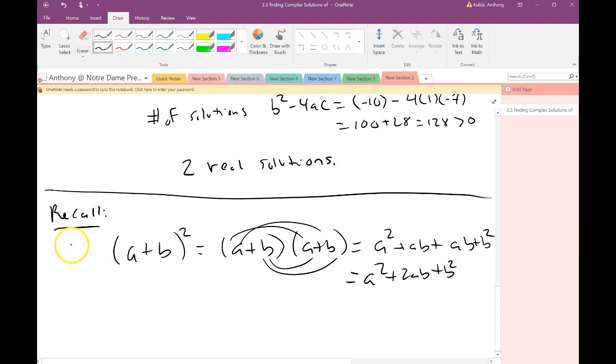This is called the perfect squares factor and pattern.